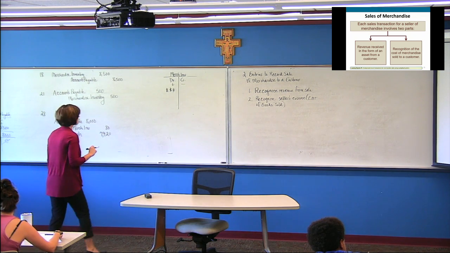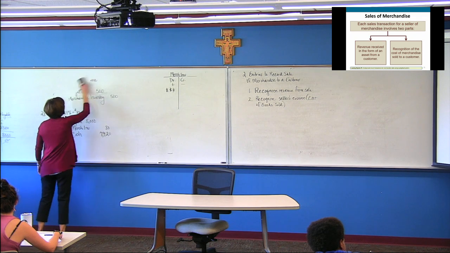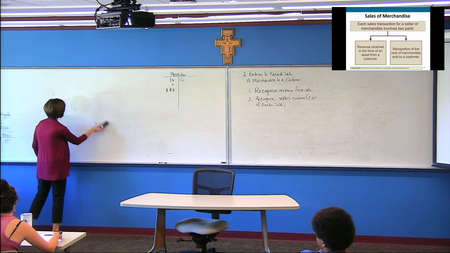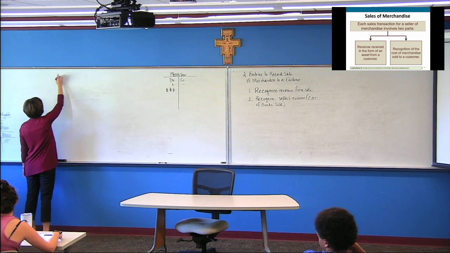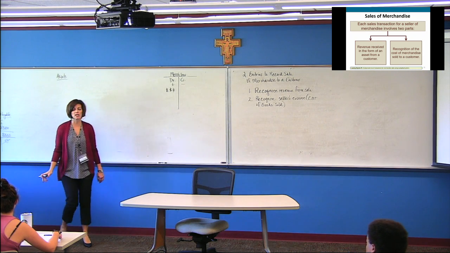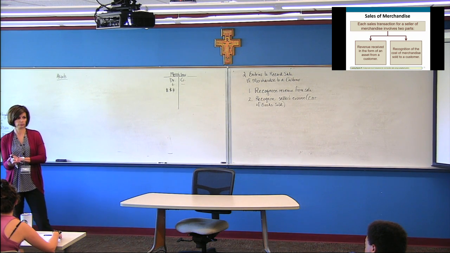So I've got to go back and review something real quick here. Back in chapter 3, we learned about adjusting entries, right? And we talked about certain assets that when they got used up, expired, or lost their usefulness, they became what? Not liabilities, expenses, yeah.